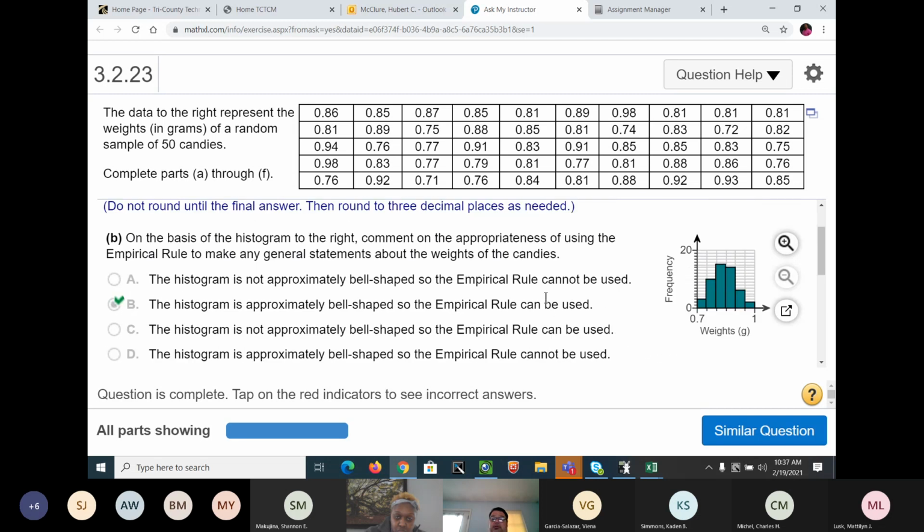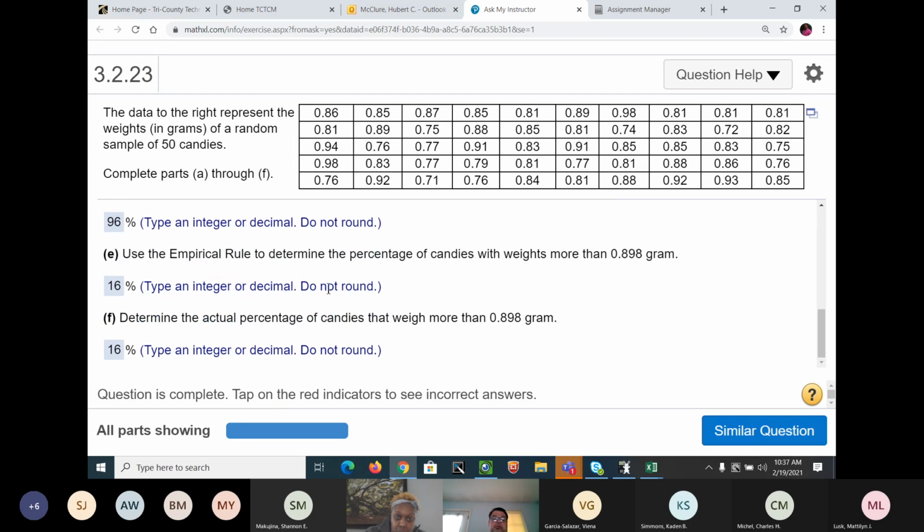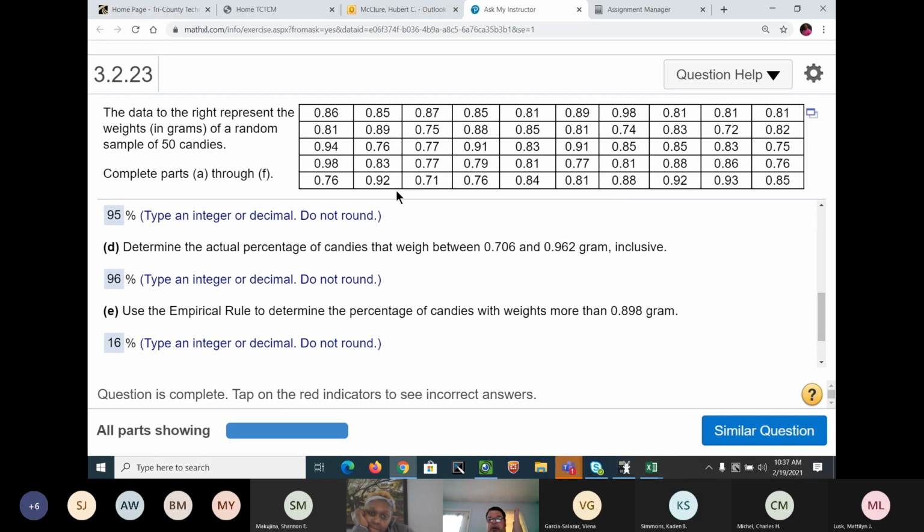This right here is a good test question. Bell-shaped, empirical. These 4 questions right here, they go along with your project. Those are very good. This is a good test question, but I would never give you 50 numbers on the test. Does everybody understand that? That's how you do that problem.